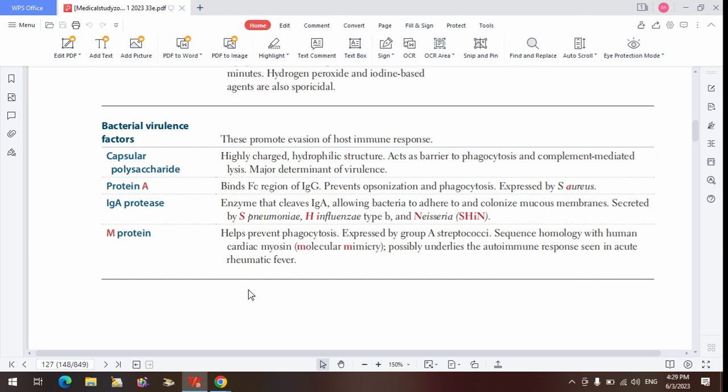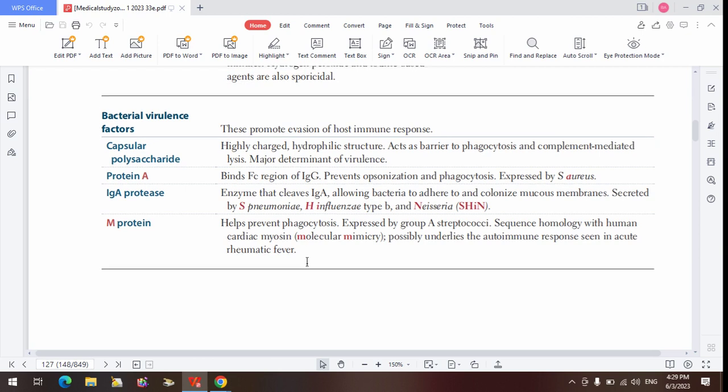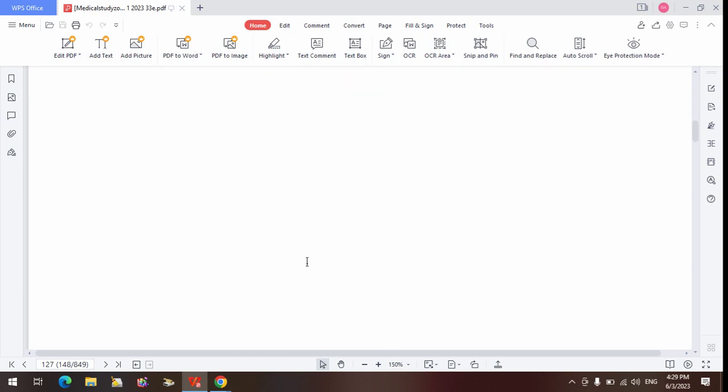But M protein also helps to prevent phagocytosis. That is the main reason why group A streptococcus releases it, to protect itself from phagocytosis. It prevents the phagocyte from engulfing it. But the antibody response to that M protein causes the carditis of acute rheumatic fever. So that is that.